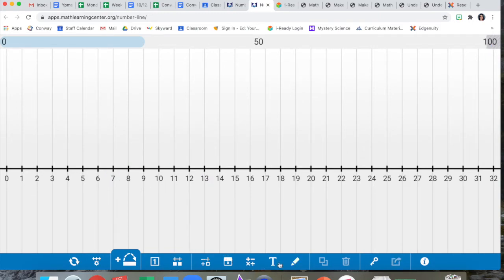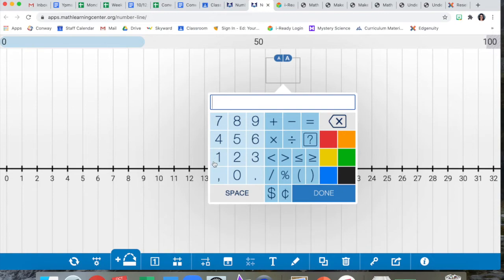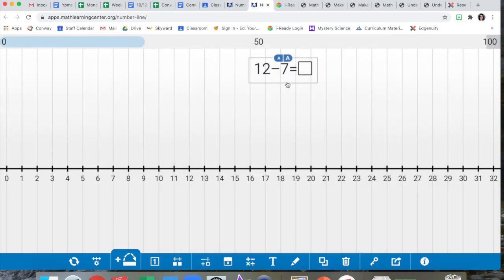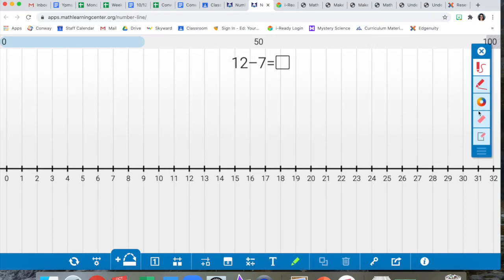Let's do one more before I send you off to work on your own. Let's do 12 minus 7 equals something. Okay, you can work ahead of me if you think you've got this all figured out. Then double check your answer when I finish. First, we have our start number, 12.